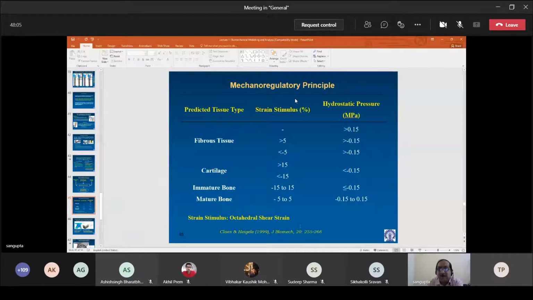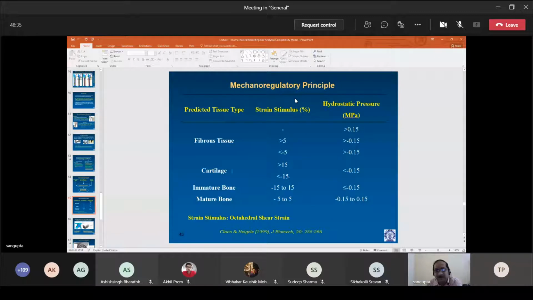Now, what are the mechanoregulatory principles? The mechanoregulatory principle is based on certain threshold values of strain, octahedral shear strain, and hydrostatic pressure, a combination of both. So there are certain threshold values below or above which will give you some fibrous tissue.